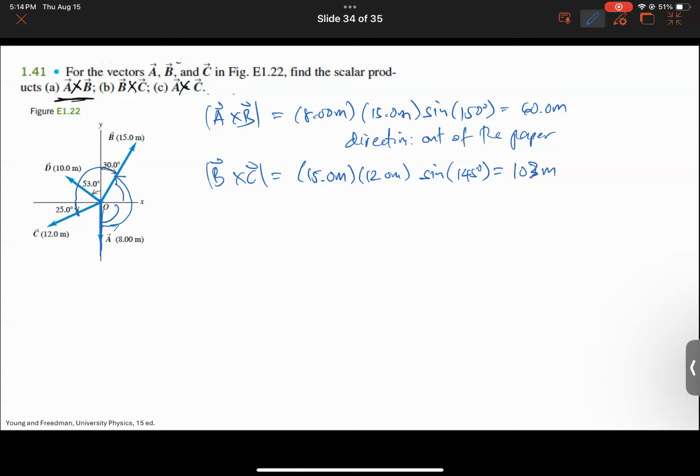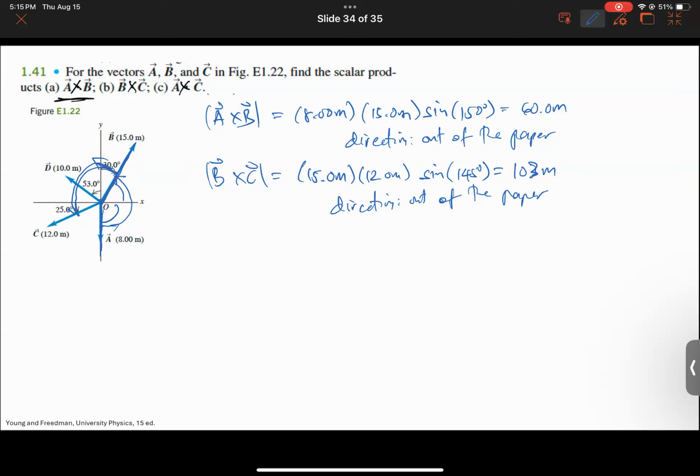Again, for B, put your palms facing this direction, then swing your fingers towards vector C. Okay, and you will see that your thumb points out of the paper. So the direction is out of the paper.